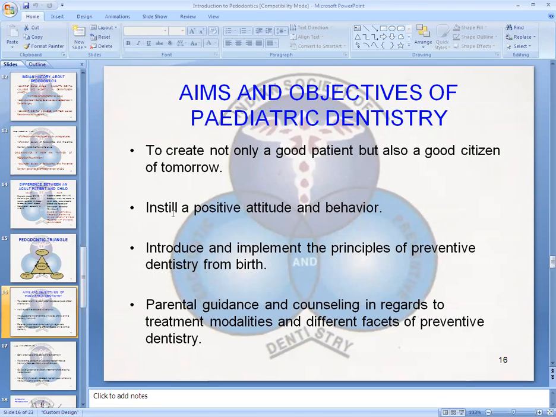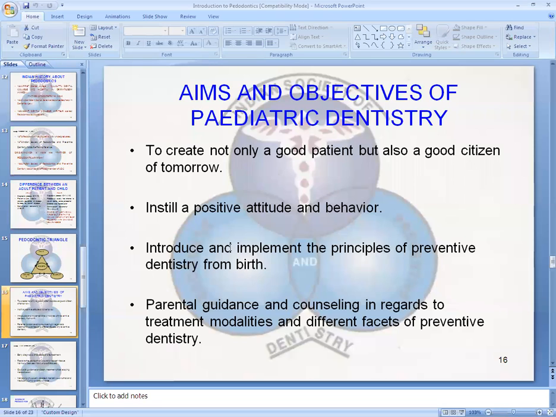Now, the second point: we have to instill a positive attitude and behavior in the patient. Now, introduce and implement the principles of preventive dentistry from birth.